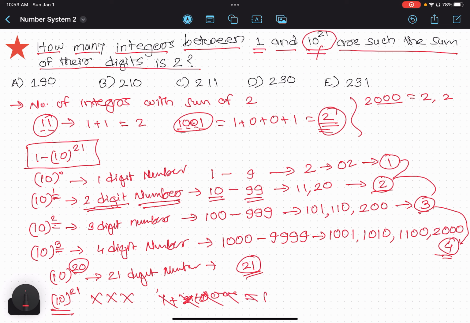So we will not consider that value here. This will be our final step when it's 21.